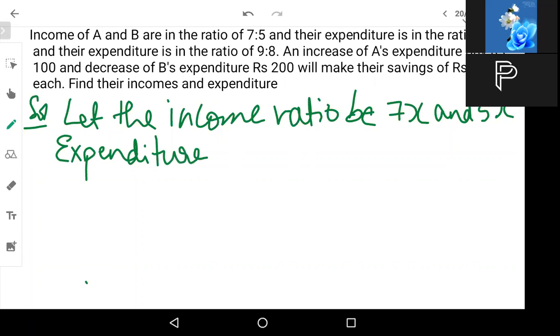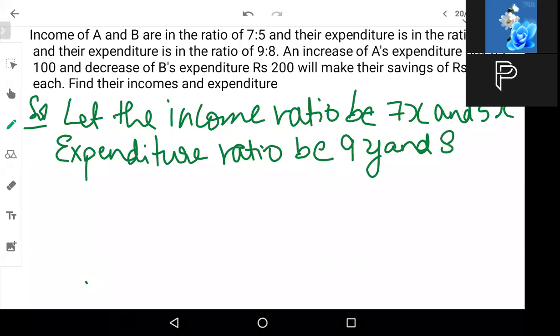The expenditure ratio is 9 is to 8. Ignore the repeated line and consider the second line. So 9y and 8y. Very good, Lakshmi. I appreciate your equation, correct equation. So these are the two major expressions.